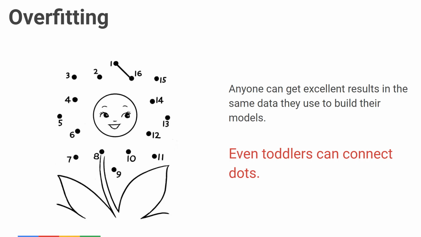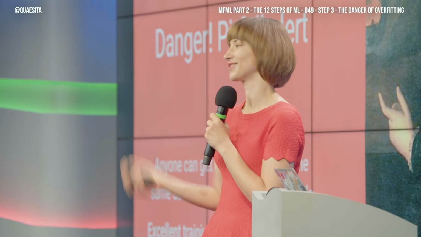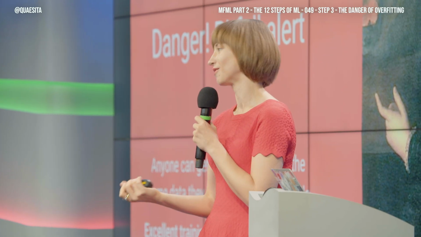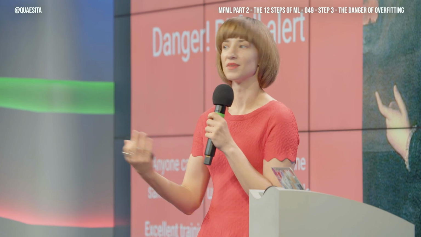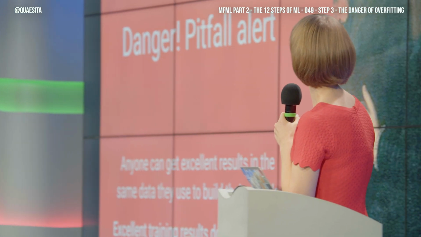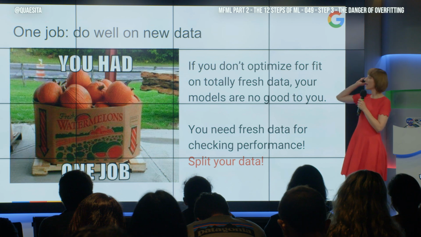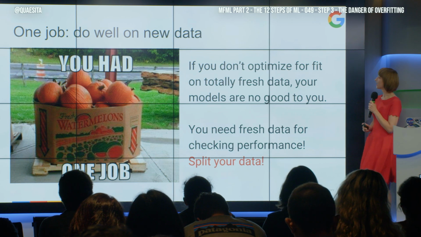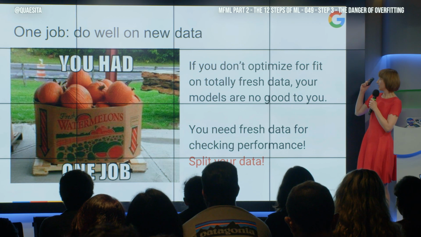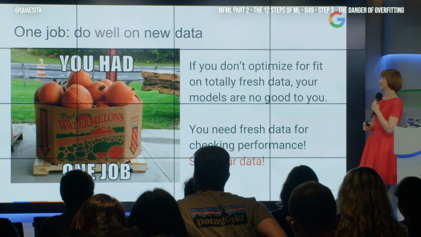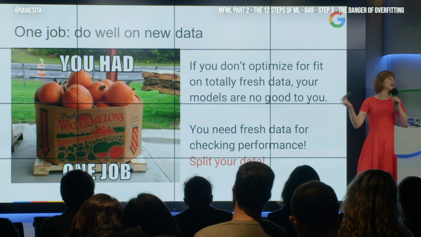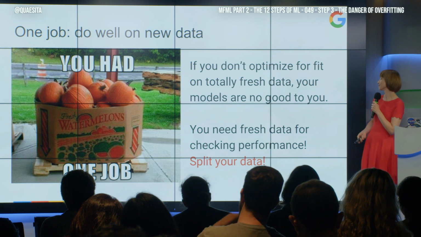Even toddlers can play that dot-to-dot connecting game, right? You can always connect your dots. And you can even connect your dots without realizing it by using a system that's complex, like neural networks. So you have one job. Optimizing for fit on fresh data. And if you don't do that, you may as well not have a machine learning system.